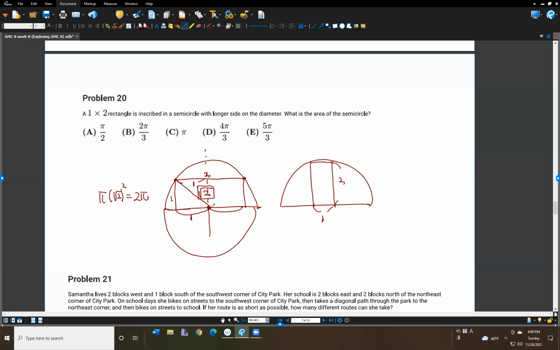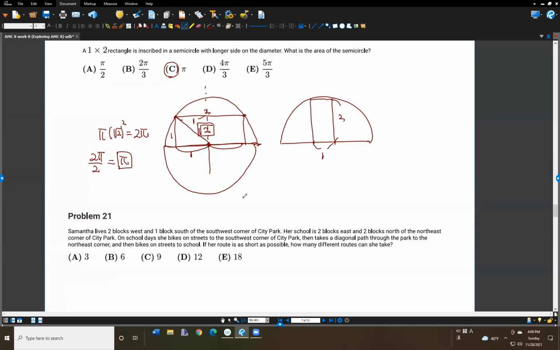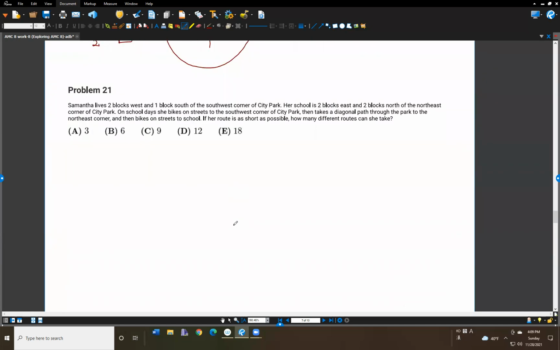But this is the area of what? Half of that area of the circle. So you can divide it by 2, and it equals pi. That is the answer. Okay, any questions on this? No. All right, number 21.